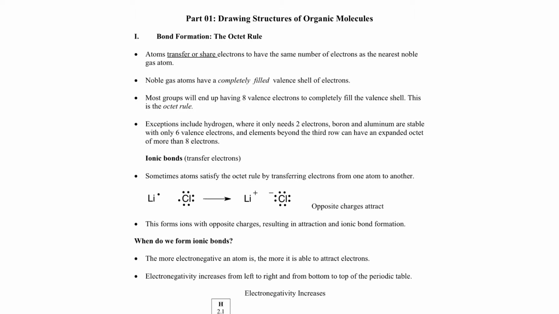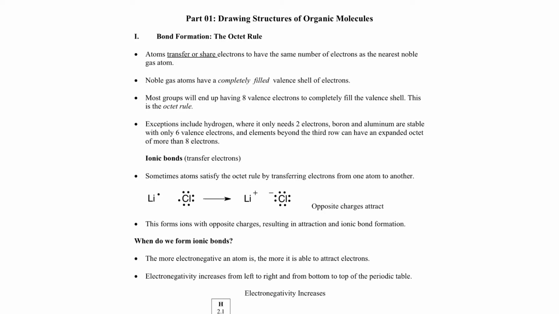We talked about atoms transferring or sharing electrons, and these result in different kinds of bond formation. For example, if you decide to transfer electrons, what we form would be known as ionic bonds. This is generally going to be between a metal and a nonmetal.